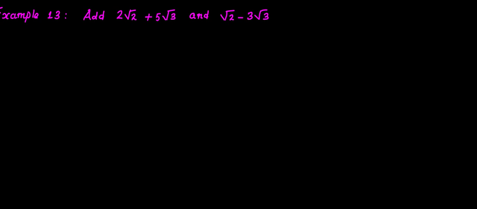Example 13. Add 2 root 2 plus 5 root 3 and root 2 minus 3 root 3. Here is an important point. We can't say root 2 plus root 3 equals root 5.